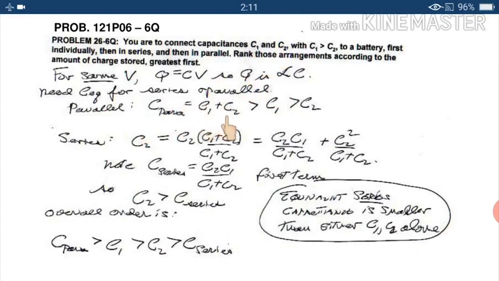It will be C1 plus C2, and this addition will be greater than C1 and greater than C2. This condition is already given that C1 is greater than C2, and their addition will be greater than both capacitances. So finally C1 plus C2 is greater than C1 is greater than C2.